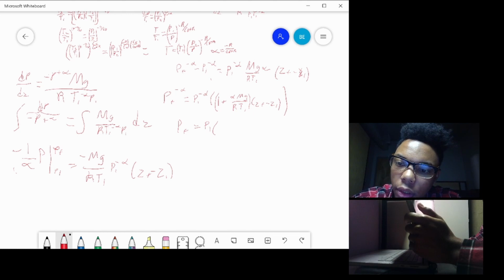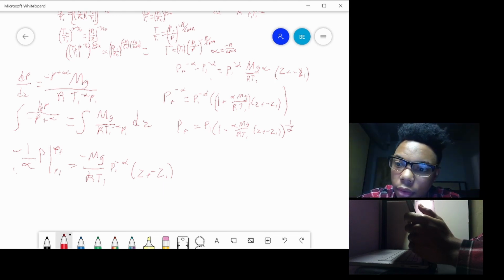So that's going to be 1 minus alpha mg over RT1 of ZF minus Z1 to the 1 over alpha.